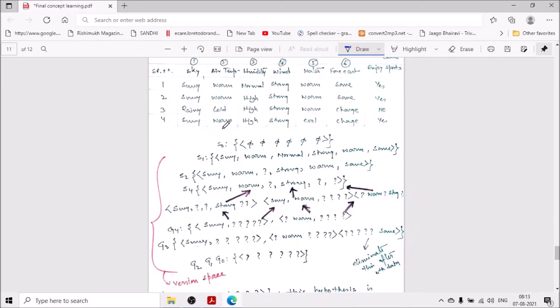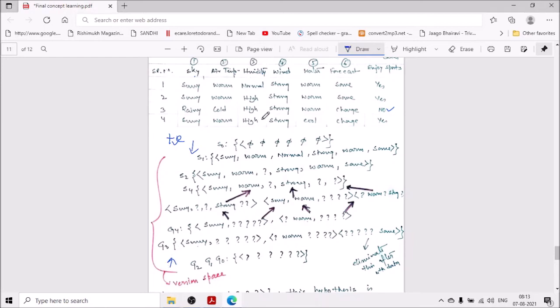Now we can see we have 6 attributes: sky, air temperature, humidity, wind, water, and forecast. If it is positive, we have to move in this direction, and if it is negative, we have to move in the up direction.